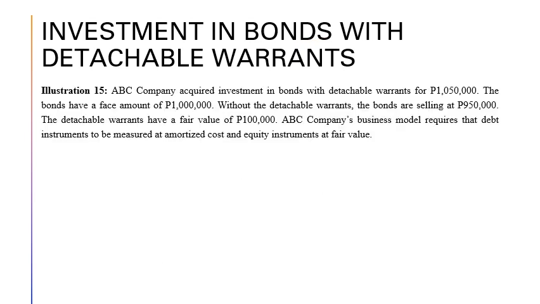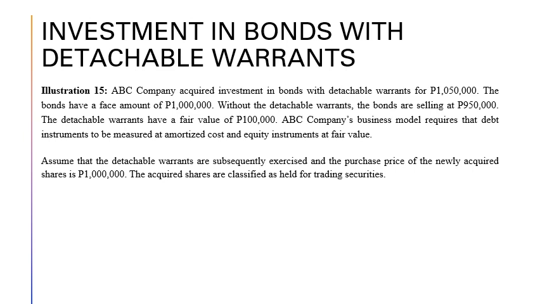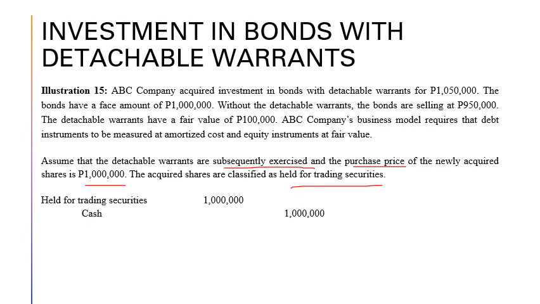Same given everything. Pero assume that these are exercised. Ano yung exercise? Ginamit natin yung warrants. Bumili tayo ng new shares for 1 million pesos and these are classified as held for trading. So, the entry would be that bumili tayo ng shares gamit yung warrants. This is held for trading securities and then credit cash.